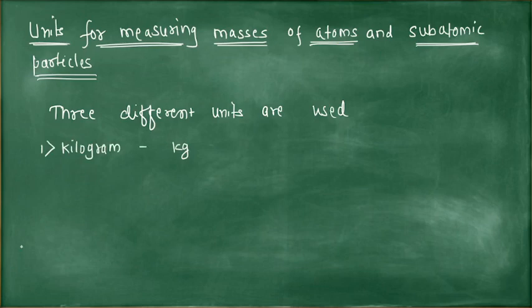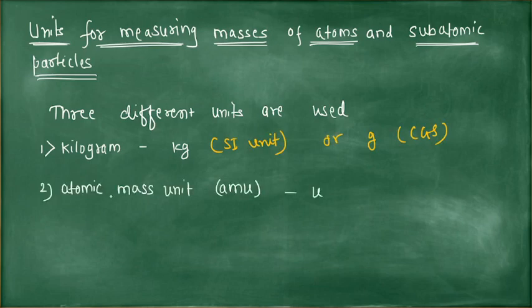First is kilogram, which is the SI unit. You can also use gram, which is the CGS unit. The next one is atomic mass unit, AMU or u, that is unified mass. This is not an SI unit. The SI unit is only kilogram.